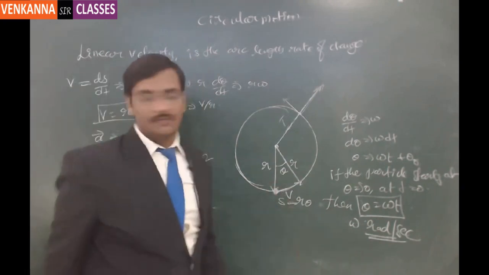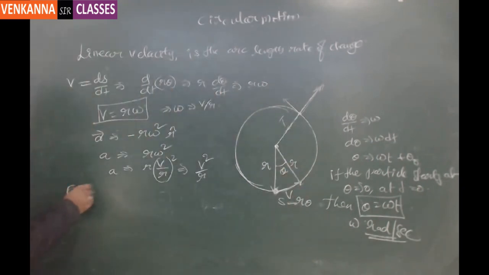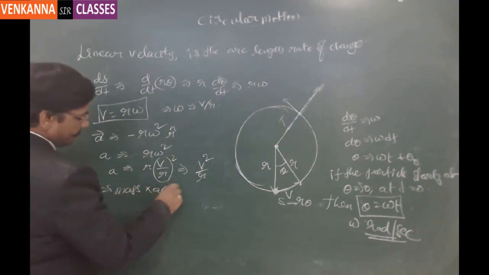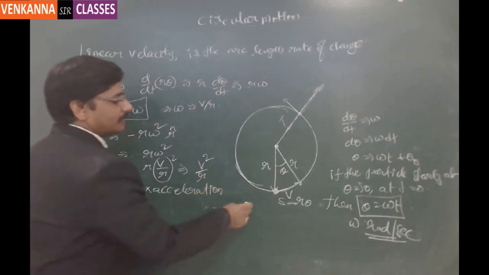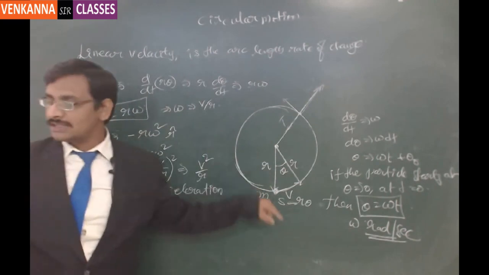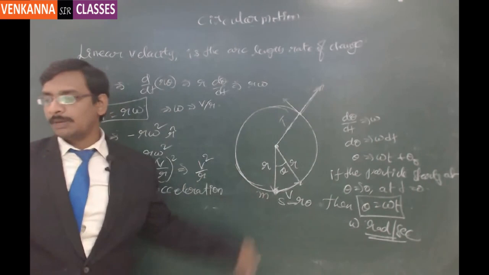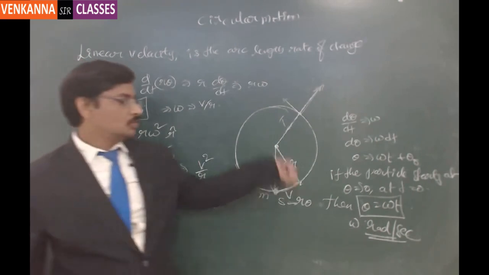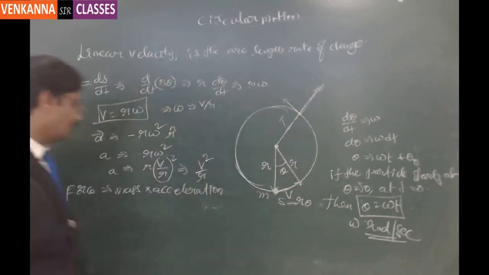Got it? So if a particle is trying to move, then force is equal to mass into acceleration. If a particle of mass m is moving on the circular path, then it is subjected to an acceleration of v square by r. So the mass multiplied by the acceleration is the centrifugal force or the centripetal force. Towards the center it is the centripetal force and away from the center it is the centrifugal force.